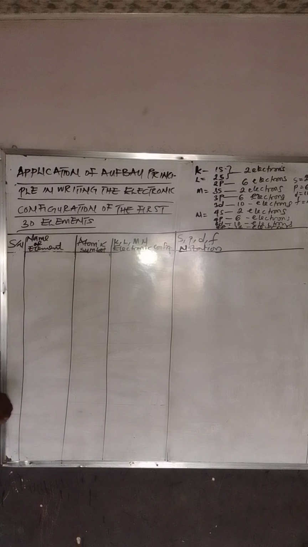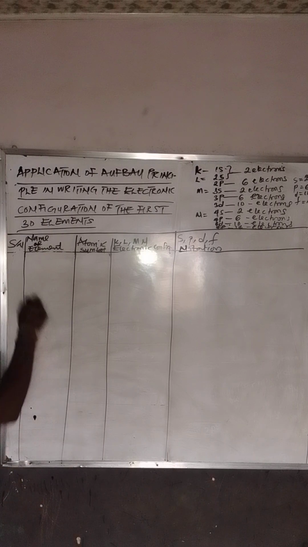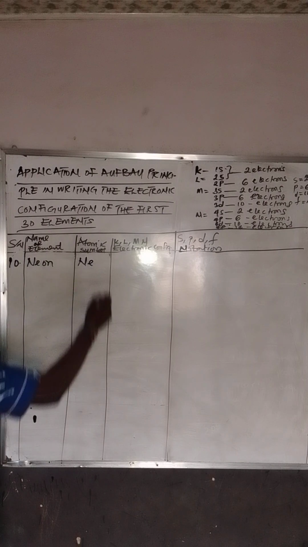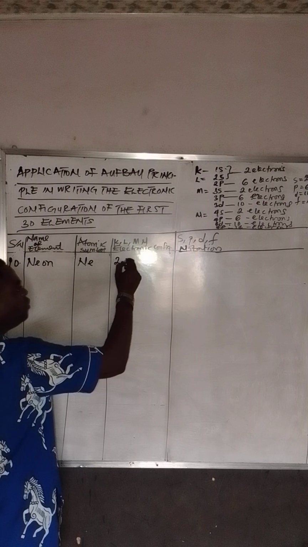So, number 10 now is neon. Neon Ne. The configuration is 2 to what?